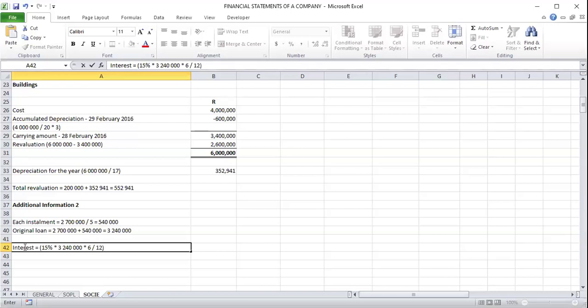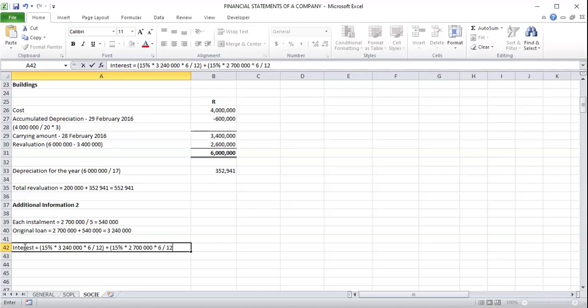Then plus 15% multiplied by 2.7 now for the last 6 months, multiplied by 6 over 12.